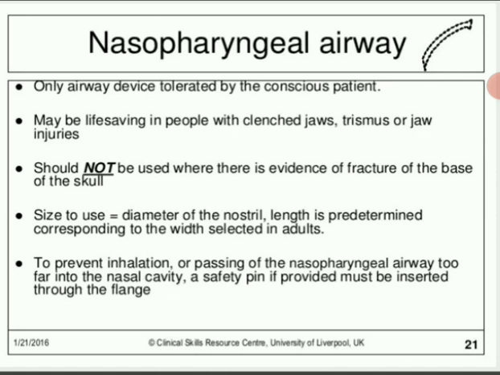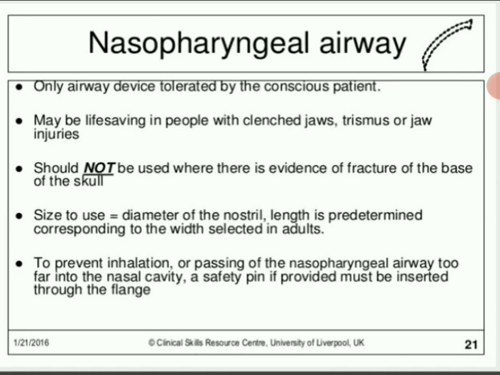The nasopharyngeal airway is the only airway device tolerated by the conscious patient and may be life saving in people with clenched jaws, and should not be used where there is evidence of fracture of the base of the skull.